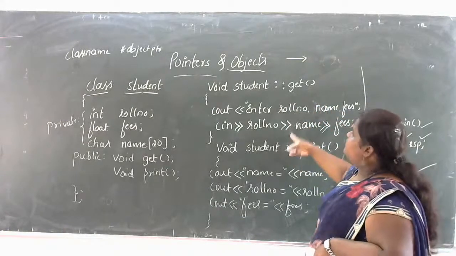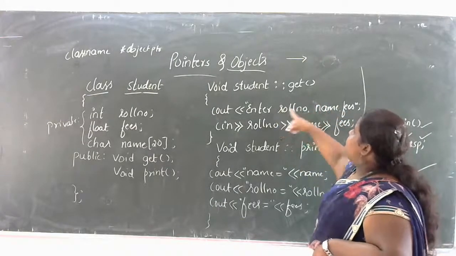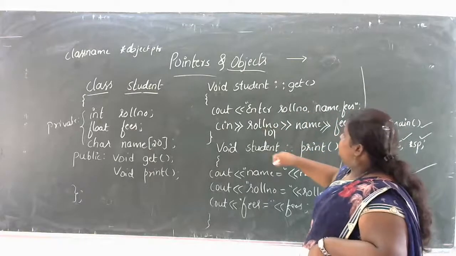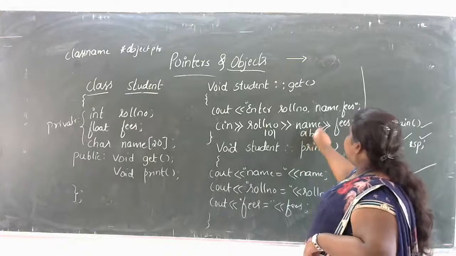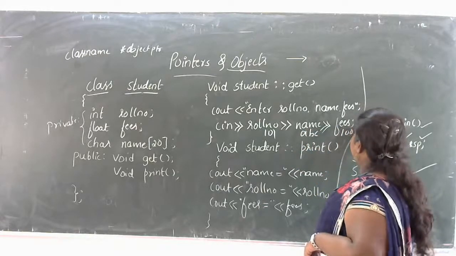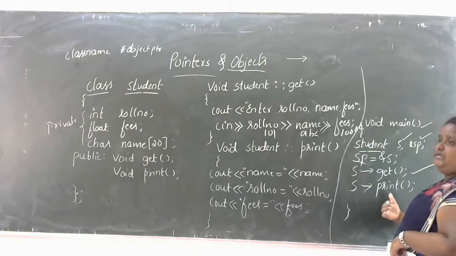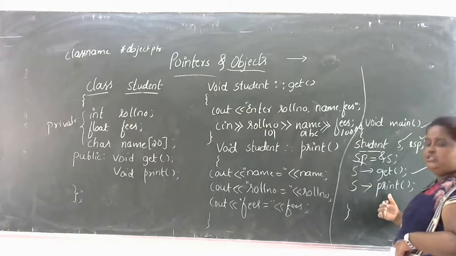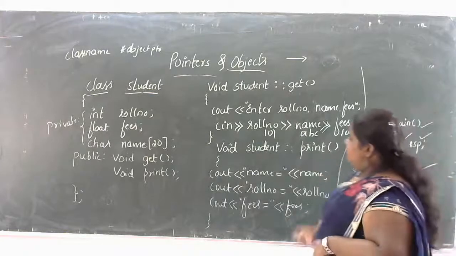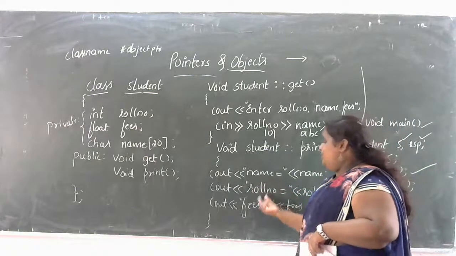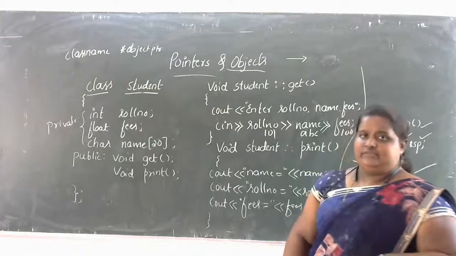Under the get function, what are the statements? Enter roll number, name, fees. You will enter some roll number, that is 101, name is ABC, fees is 10,000. Next statement: s dot print. You are calling the print function, so the print function will be executed. It will display the name value, roll number value, and fees value.